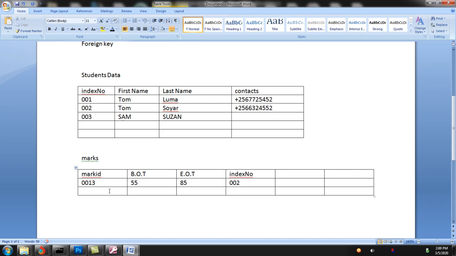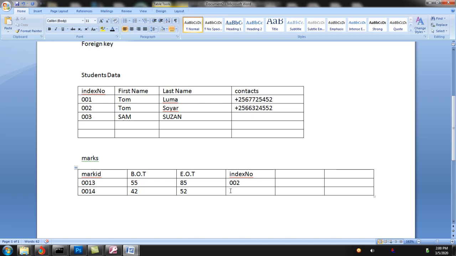So it means that we can enter another field for another mark of another person. So 0014. If we have identified this as our primary key, it can never be duplicated. It can never be repeated. It means that we are entering another mark, 42 and 52.